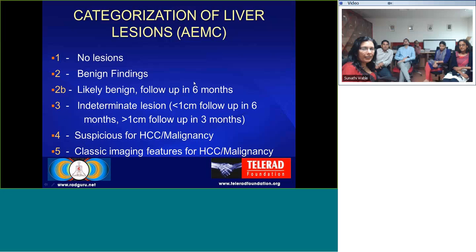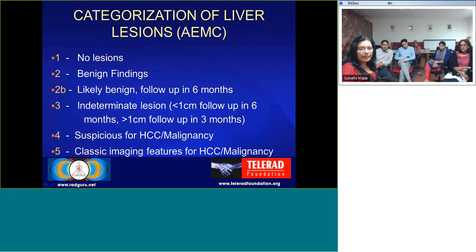So category 1, no lesions, that's easy enough. And then category 2 was benign findings, whether it's a fatty liver or a cirrhotic liver or a nodular liver, but no HCC. Or incidental findings, for example, liver cysts and angiomas being common, which you can see in these diseased livers also.